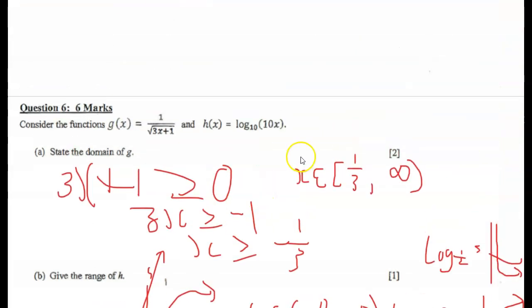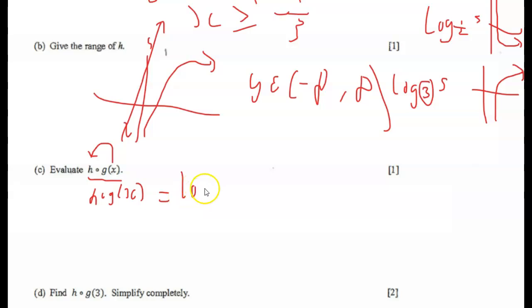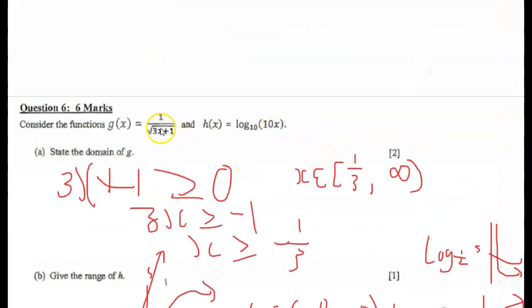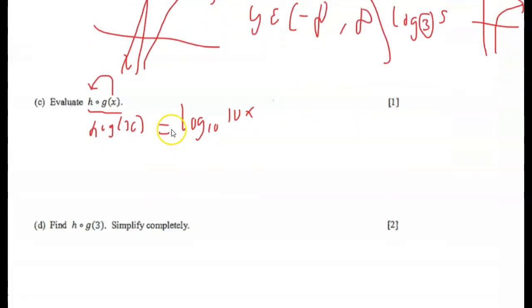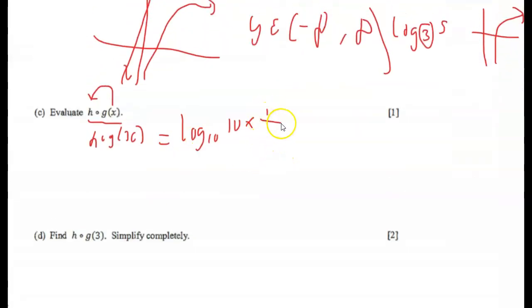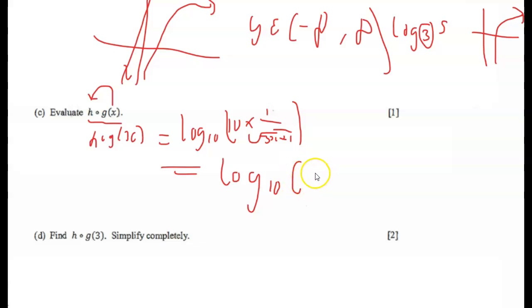It will equal log base 10 of 10 times, because now you're putting in the x, we're putting in 1 over root 3x plus 1. We can simplify this to log base 10 of, in brackets, 10 over root 3x plus 1. That will be your final answer. It's 1 mark, so it makes sense.